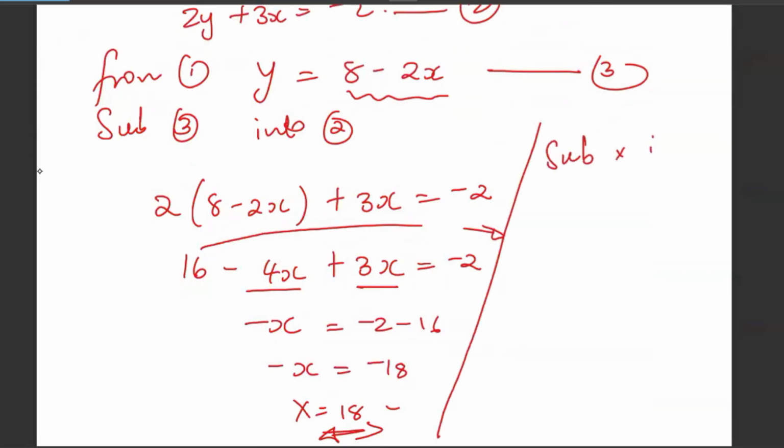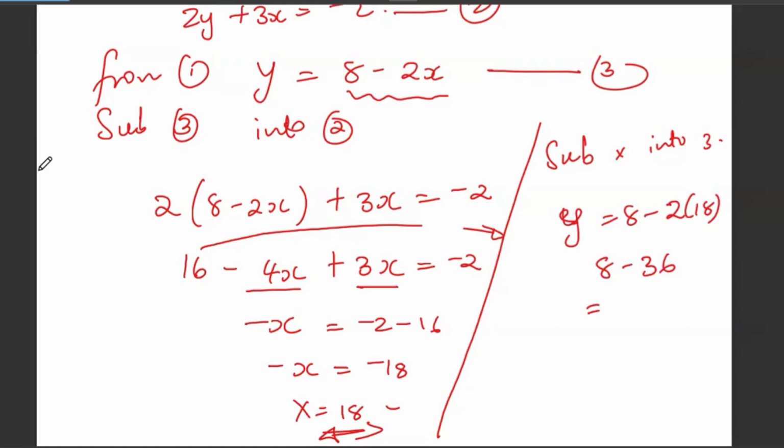So substitute x into equation 3, meaning that's going to be y is equal to 8 minus 2 times 18. So 8 minus 36. Does it give us a 24? Nope, people are refusing. It should be something like 18.